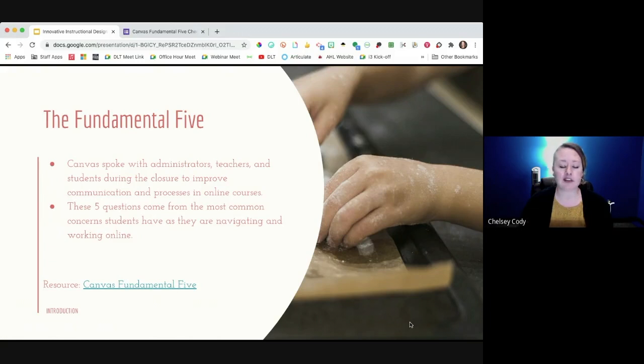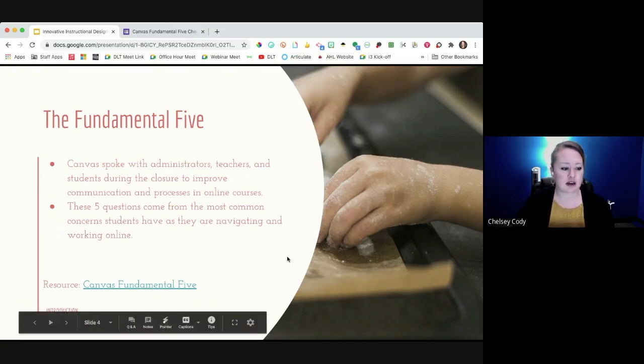And from that conversation, 5 questions came from these most common concerns of students and families as they're navigating and working online. So they took all of the responses and did a little bit of affinity mapping, I'm assuming, and came up with 5 of the most commonly asked questions when a student is in a course. And if you'd like, this Canvas Fundamental 5 is their actual blog post about their Fundamental 5.